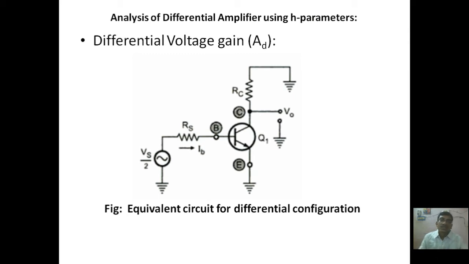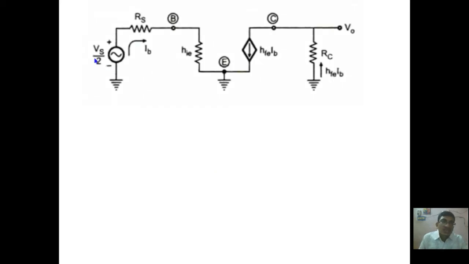First of all, in the equivalent circuit, we will draw the signal source as well as the source resistance as it is. So here you can observe Vs by 2 and Rs have been drawn as they are, and the remaining pins of the transistor, base, emitter and collector, have been marked here.